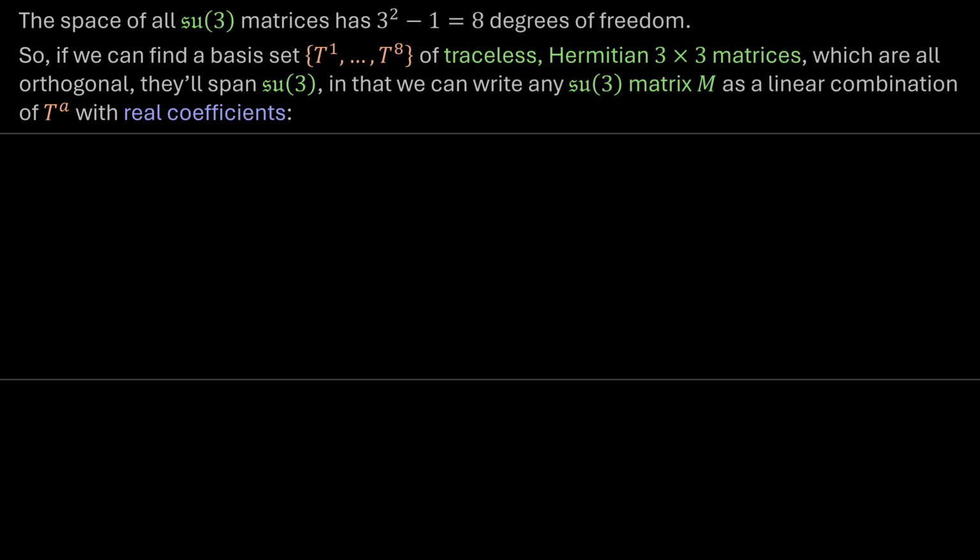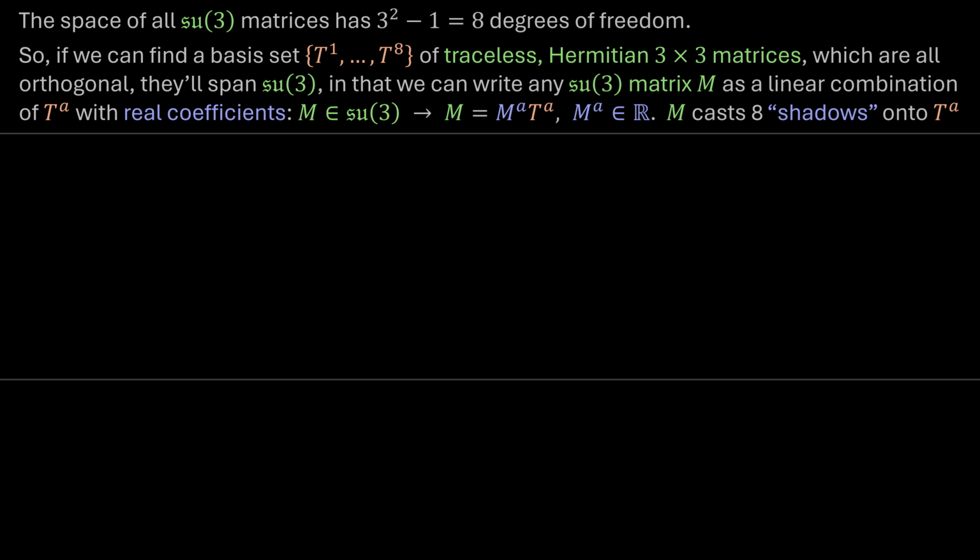And that's the technical way of saying that there's an octopus that lives in SU3. So if M is in SU3, then we can write M equals M_A T_A, where we're summing over A, and all of the M_A are real numbers. And one way to think about that is that the matrix M sort of casts 8 shadows onto the generators in SU3. Although personally, I prefer the octopus metaphor.